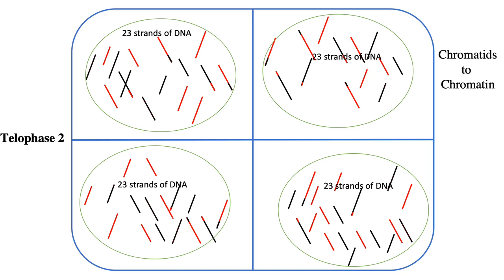Same with the cell on the top right, the top left, the bottom left, and the bottom right. So this is how meiosis reduces the chromosome number by half and creates haploid cells. So this is how whole cell division, mitosis and meiosis, takes place.